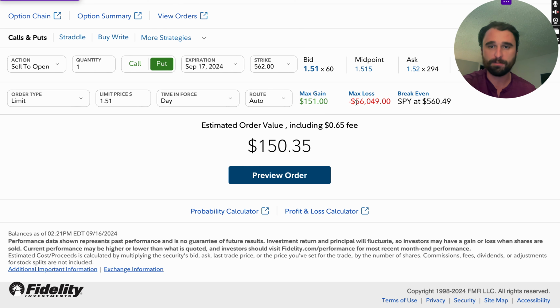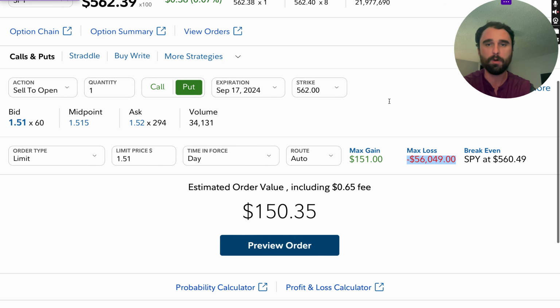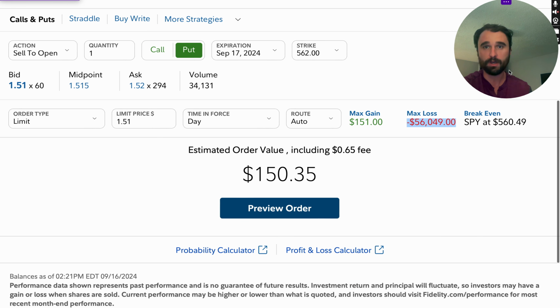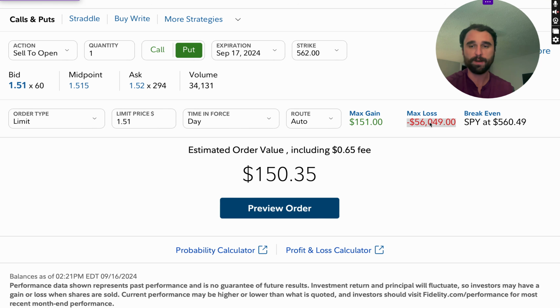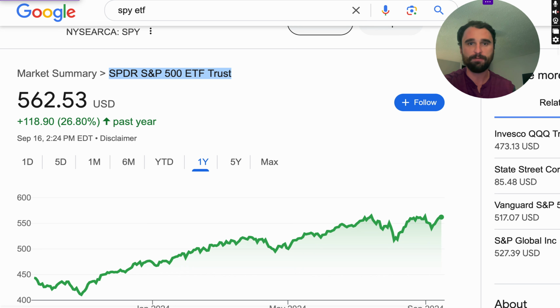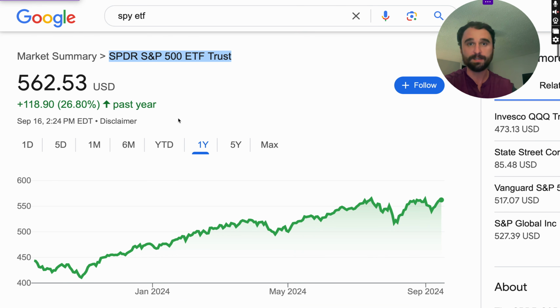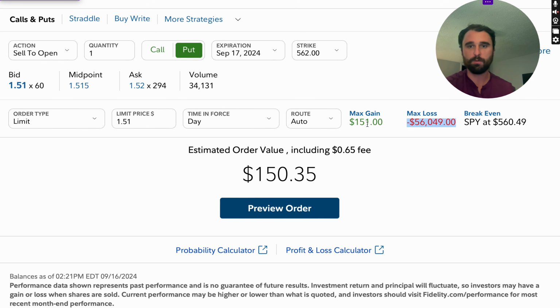Now you'll see right here this max loss. I had a comment in my last video talking about how I need to discuss how this max loss is factored in, which is a good point. The max loss would be if SPY, or the S&P 500 ETF, or the entire stock market basically, went to zero. Essentially what I'm doing here is collecting $151 minus the 65 cents, so $150.35 is my net profit.